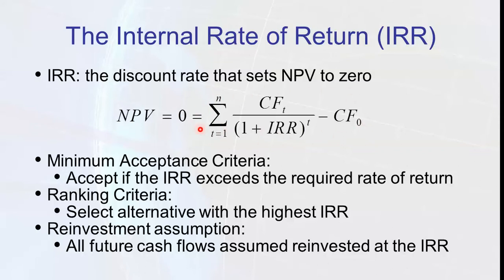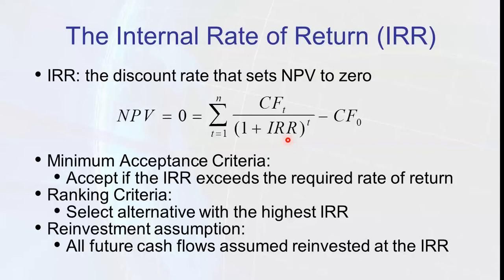So NPV equals 0, and we don't know this IRR, so we solve for this IRR. So IRR is the discount rate that makes NPV equal to 0.